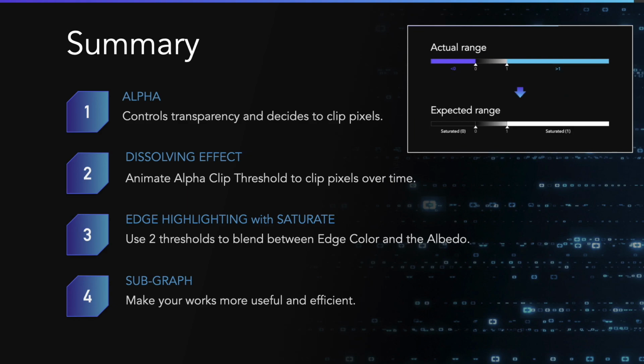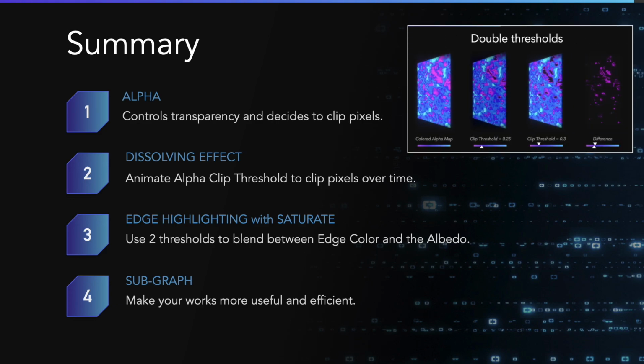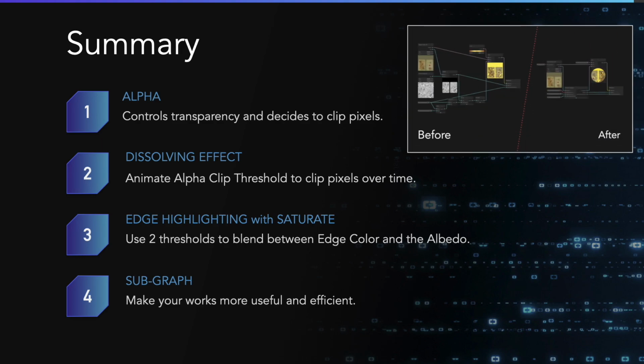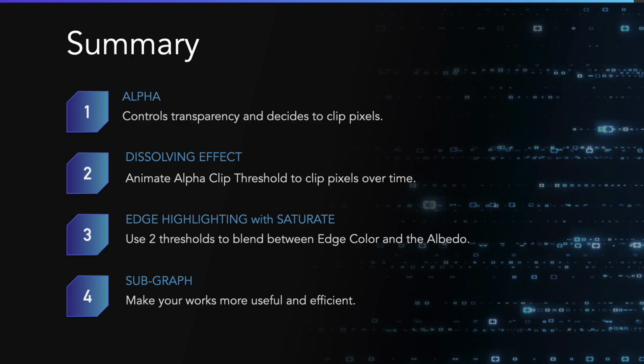Thirdly, the saturate node helps clamp the values in the range from 0 to 1, and in order to highlight the dissolving edge, we need two thresholds to define the edge thickness and blend the edge color with the original undissolved texture. And finally, as I promised in the earlier videos, our shaders are getting more and more complicated, so subgraphs along with alignment, groups, and sticky notes help a lot in making a neat shader graph. All your extra work will pay off some day.